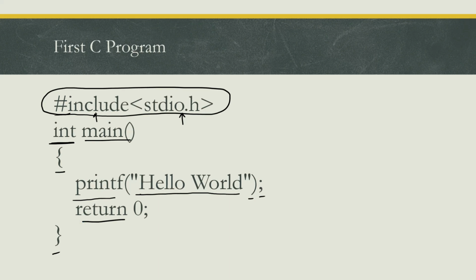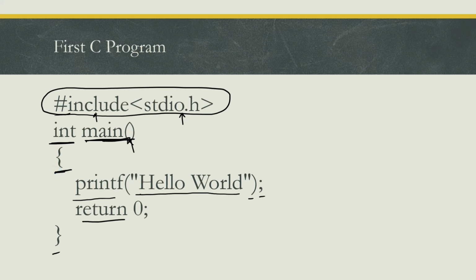Don't worry about what actually we are doing in this case. You just have to copy this program. You will understand as soon as you progress in the C program. A main function always ends with opening and closing brackets.